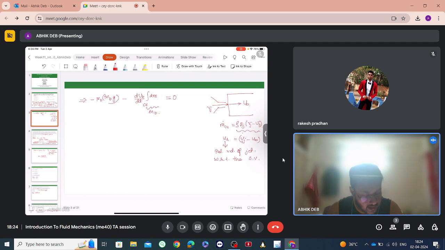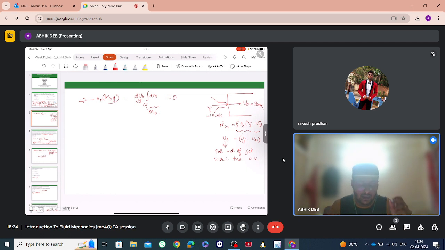See, the mass that is coming because of the jet is rho Aj Vj, but since that velocity Vj is not actually responsible for the entry of that mass into the control volume, the entry of the mass will be because of Vj minus ub. Say Vj is 10 meters per second and ub is 3 meters per second.